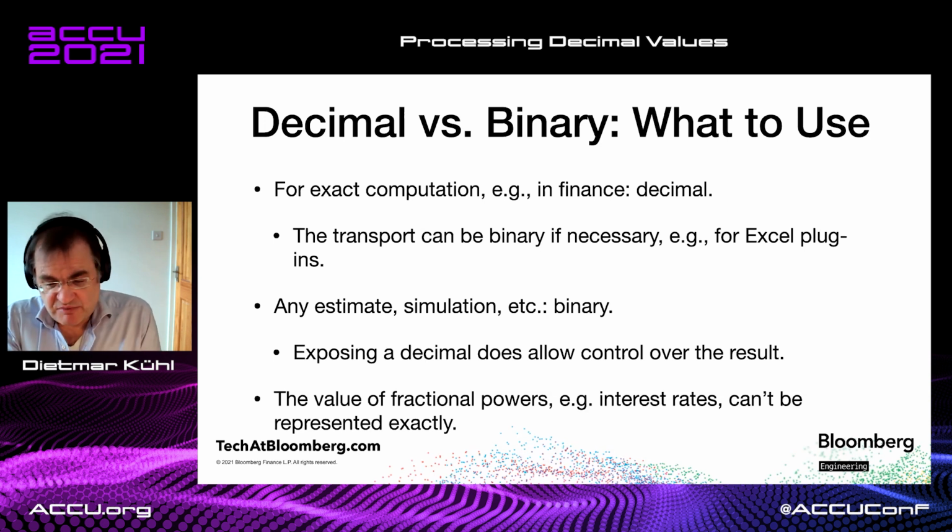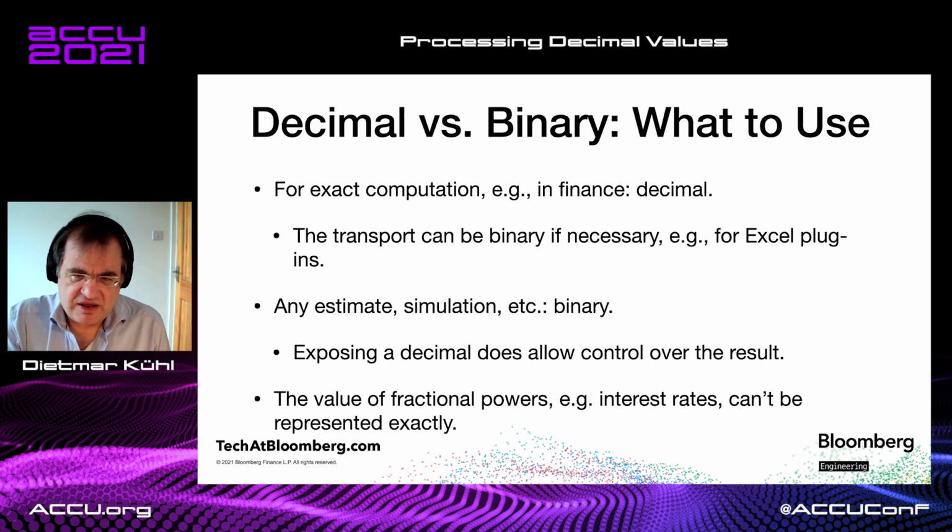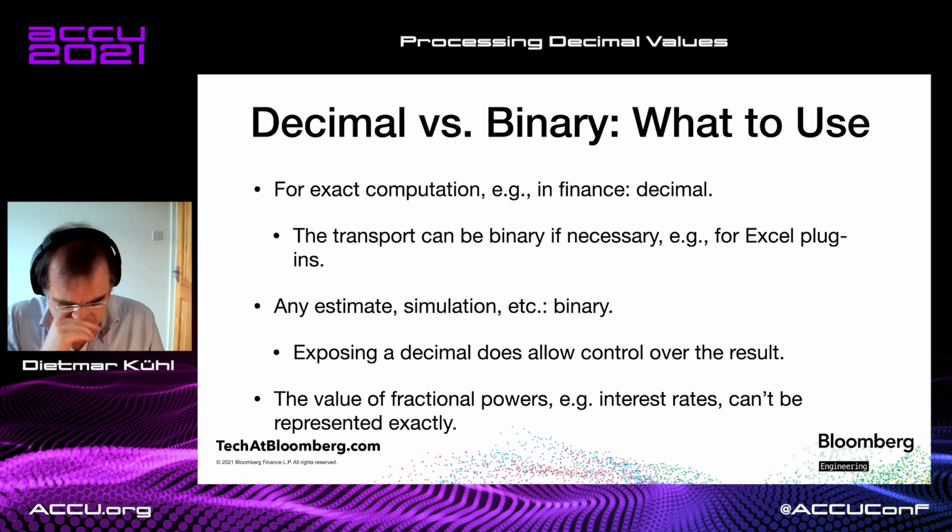It becomes a little bit more interesting if you do things like a fractional power of something. Now you have exact values, both the, let's say, interest rate and your credit or debt, times the interest rate. Well, over there, you probably want to do the computation in binary because this is just faster.